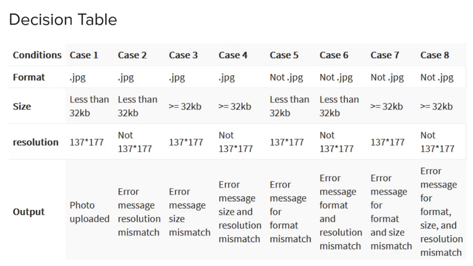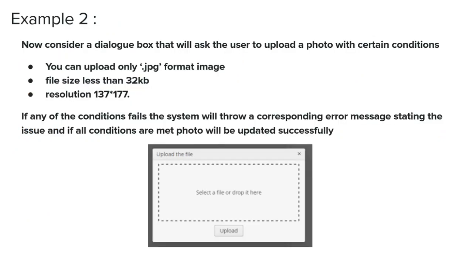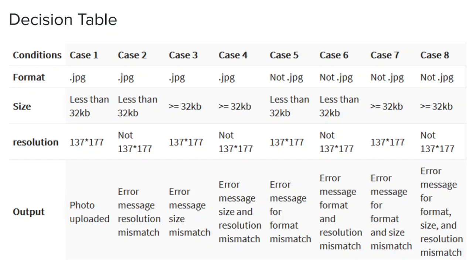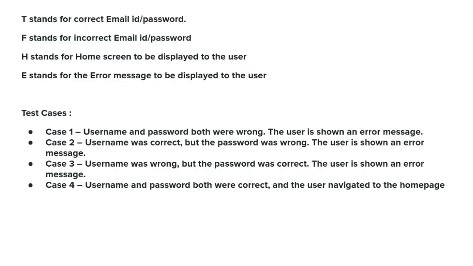This is the technique of decision table. In real time testing, you will always find such scenarios where there are different combinations of multiple conditions and multiple values of those conditions. In such situations, we have to use the decision table technique to derive the test cases.